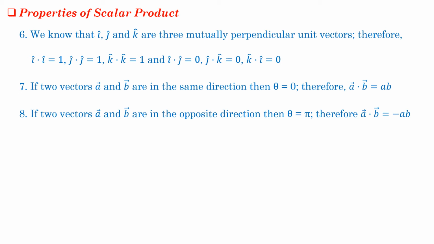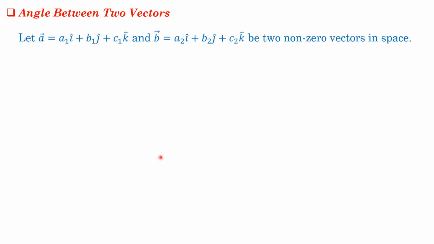Okay, then the next one, angle between two vectors. So if you have two non-zero vectors a bar and b bar, where a bar is equal to a1 i cap, b1 j cap, and c1 k cap, and b bar is equal to a2 i cap, b2 j cap, c2 k cap.